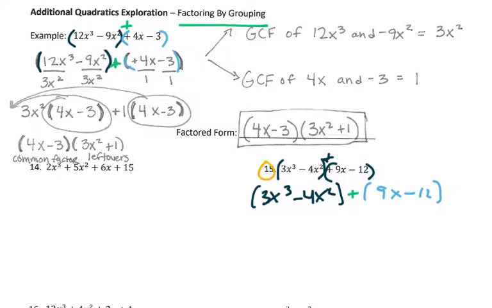All we've done is grouped them differently, which is completely fine and doesn't change the problem. So then we're going to do two problems in one. We're going to just look at this left side here and ignore the right side, and we're going to say what's alike in these pieces and take it out. So again, we're ignoring that right side for a minute. So we just take a look at the numbers 3 and negative 4.